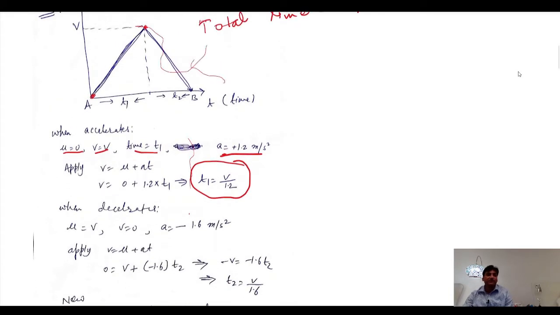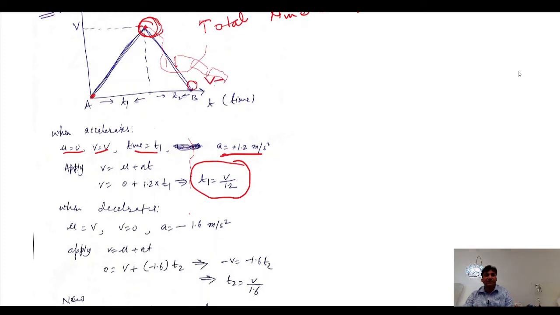So guys, this is for deceleration. For deceleration, this is my initial velocity, right? Because we are starting from here and ending here, so this is my initial velocity. And for deceleration, here it will be the final velocity, right?